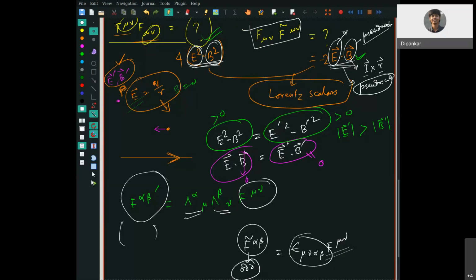And so that's why we call F mu nu tilde the parity conjugate of F mu nu, because if you take the dot product you get some sort of a pseudo scalar that changes under parity transformation. If you want to think about it this way, then it is that.